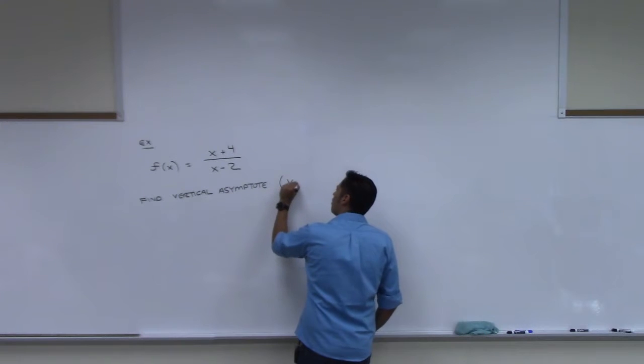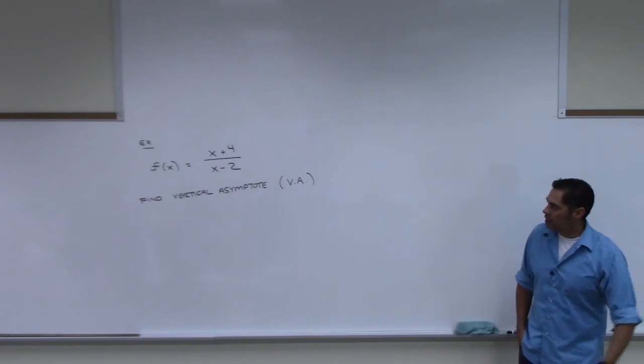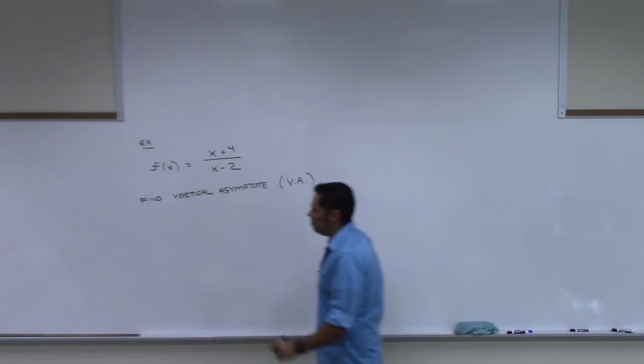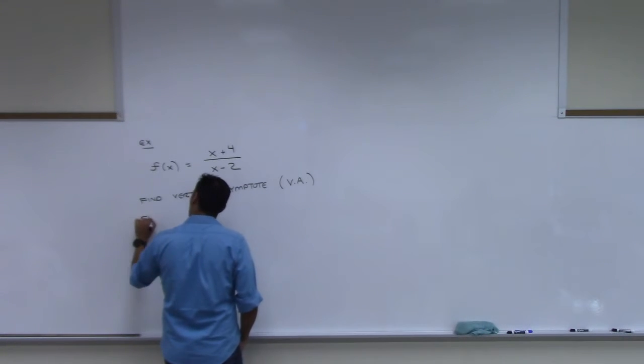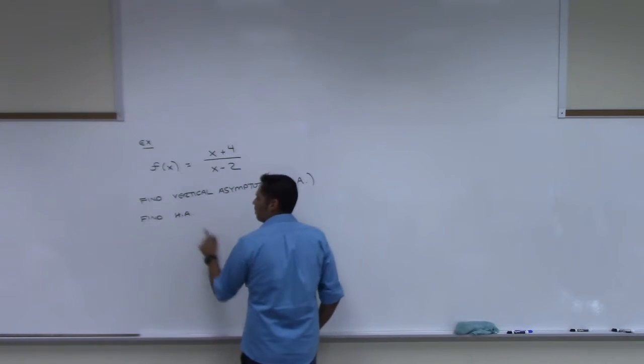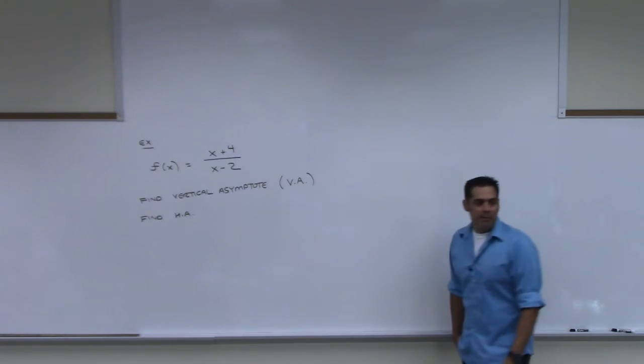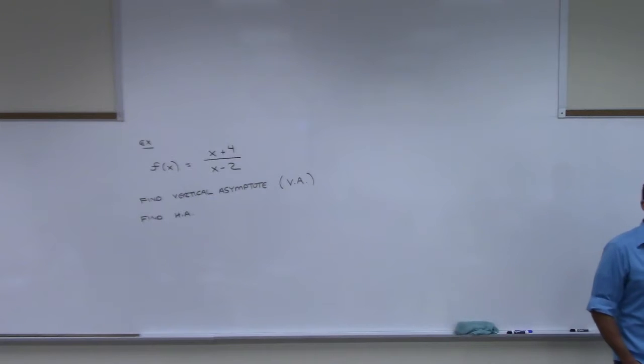From now on, I'm going to abbreviate it VA, because you'll get tired of writing it and I get tired of writing it, okay? Find the vertical asymptote and then find the horizontal asymptote. Can I just put HA, you know what I'm talking about, or do you want me to write it out? Okay. All right, vertical asymptotes are the easiest of the two to find.